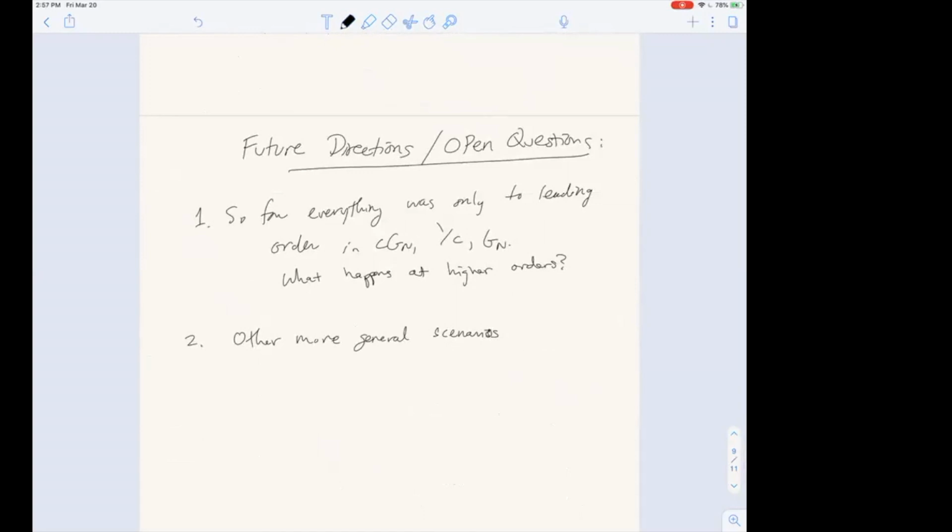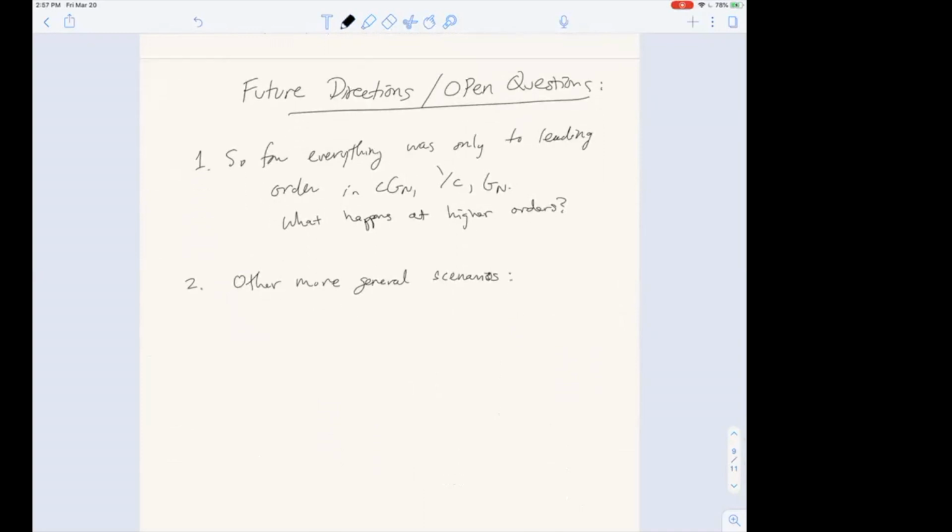All right, so other more general scenarios. For example, what if we don't have a union of two intervals on the boundary, but say we just have one interval, but we have an excited state? So say we have one interval, this is my boundary, this is time, this is like Z equals 0. I'm going to draw the causal wedge of my boundary region like this, and then the entanglement wedge has some funny shape.